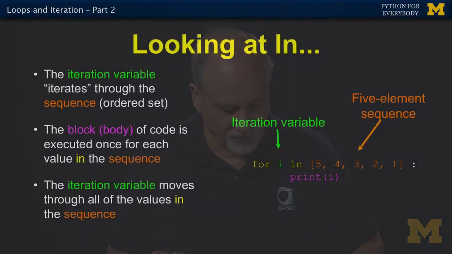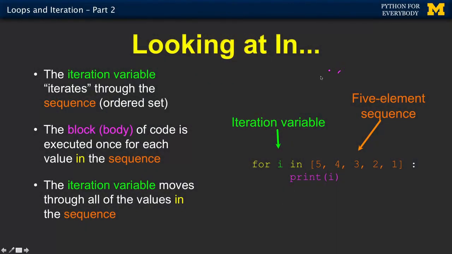And I think it's basically saying, for each of the values in 5, 4, 3, 2, 1, have I take on the successive values and run that loop one time. And that's the in. I think the in is a well thought through Python keyword, because that's how I think of it. If you're a math person, think of it as the member of function. Boy, it's been a while since I did set theory. I think that's member of.